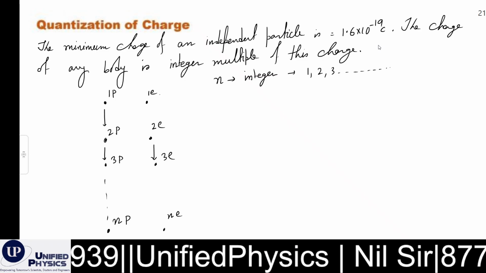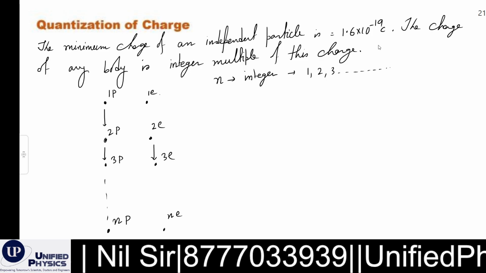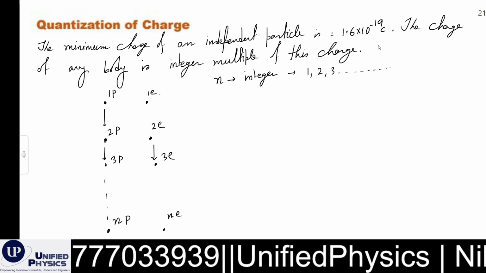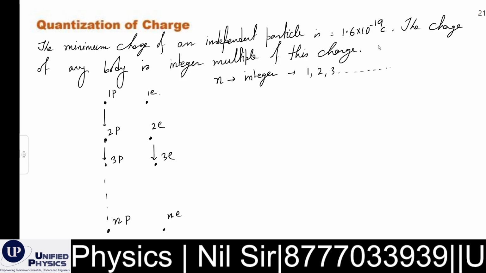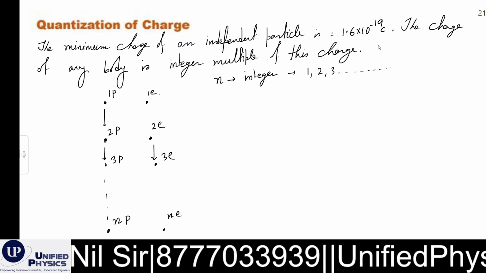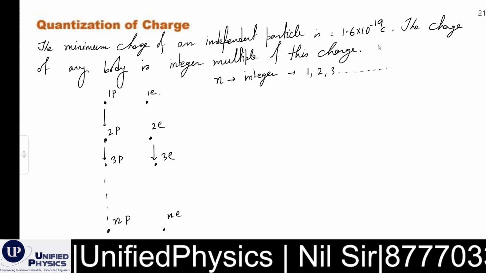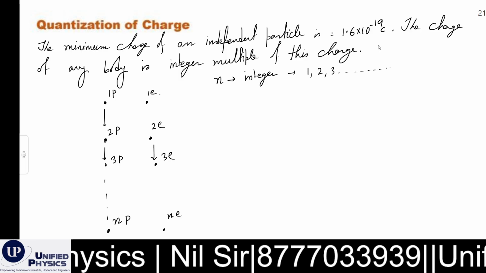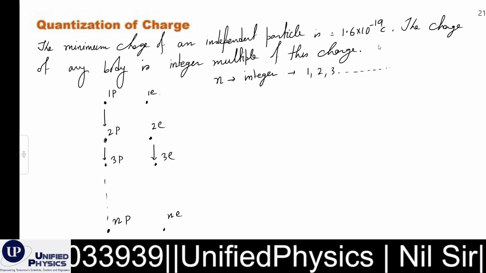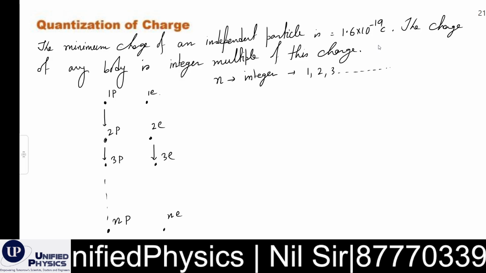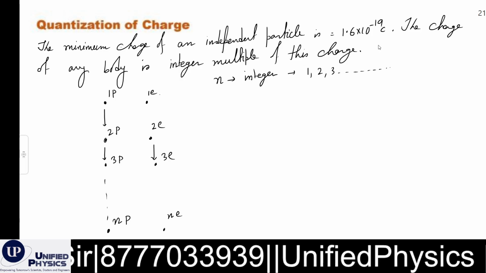If you can identify two things separately, and these two particles have some specific thing, specific means charge here, specific energy there could be, specific volume or specific mass, then this thing is called quantized. When something in a body or in a particle is fixed, this thing is called quantized.